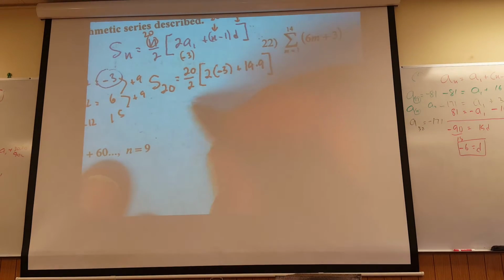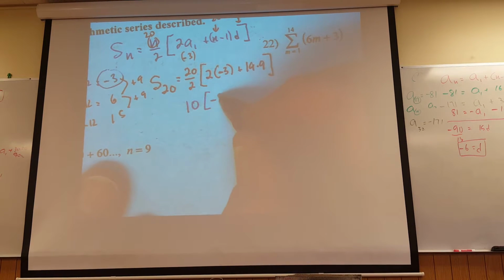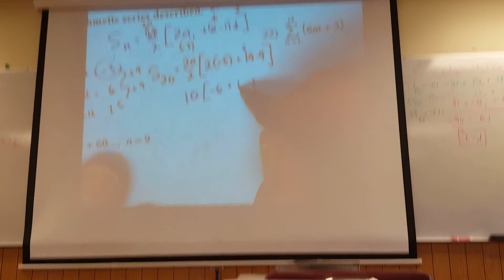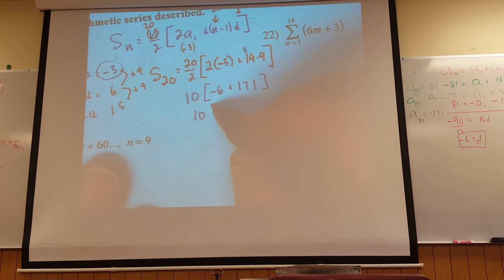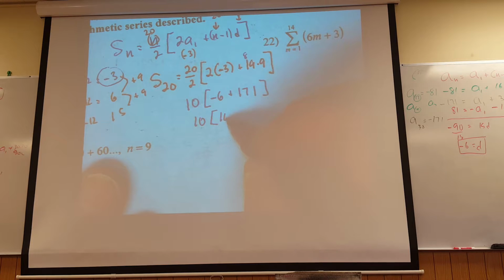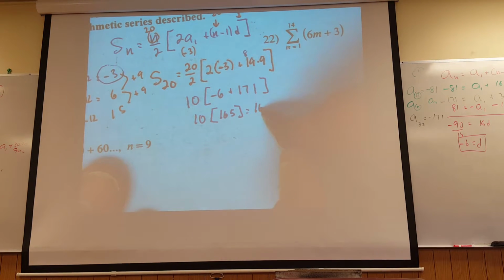So I have a 10 on the outside. You have negative 6 plus 9 times 19 is 171. So this is 10 times 165. So the answer is 1650.